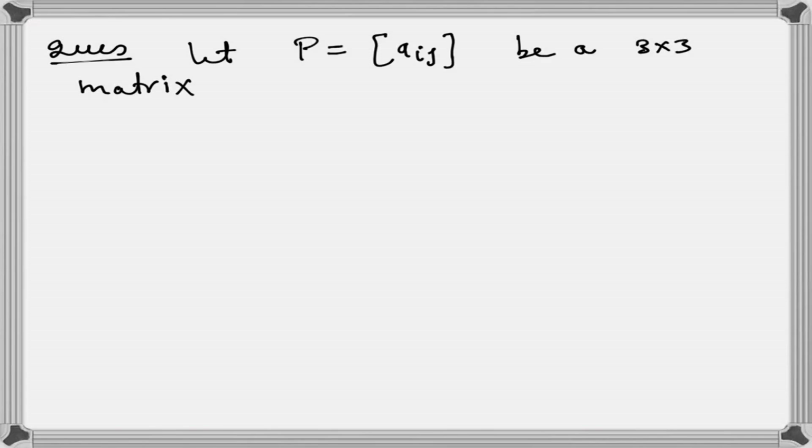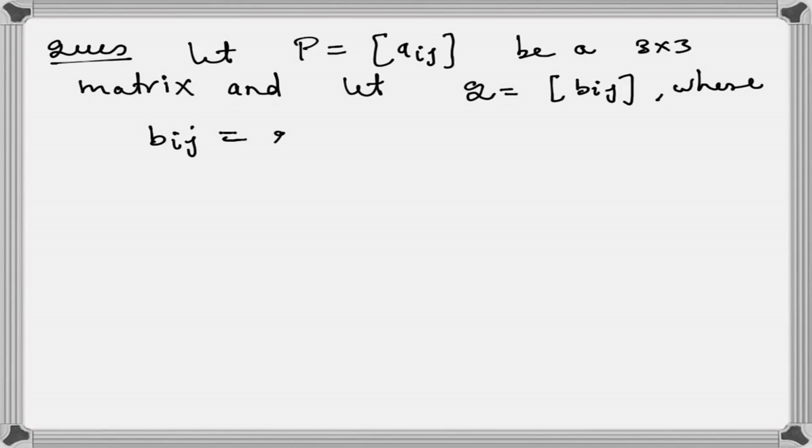Let's solve another problem. The question is: let P equal to [Aij] be a 3 cross 3 matrix, and let Q equal to [Bij], where Bij is equal to 2 to the power i plus j times Aij, where i and j are between 1 and 3.